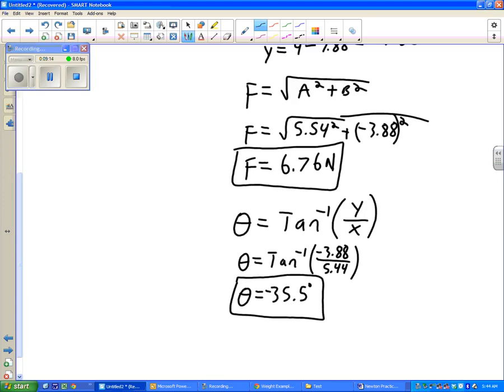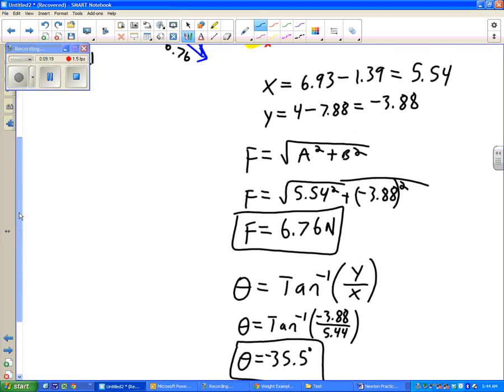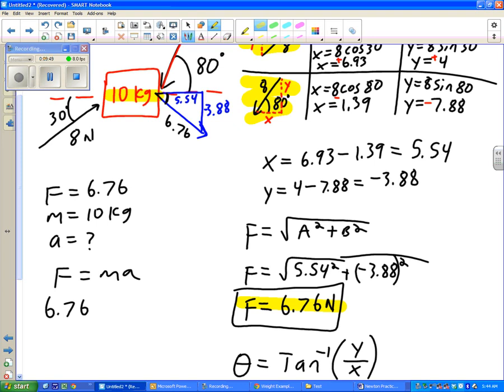And finally, I'm going to get to what the question was asking. The question was asking for what is the acceleration. And I now have a force. My force is right here. And I had a mass, the mass of the box. The mass of the box is right here. So if I have a force of 6.76 and a mass of 10 kilograms, and I want to find the acceleration of this box, I'm going to use F equals ma. 6.76 equals 10a.